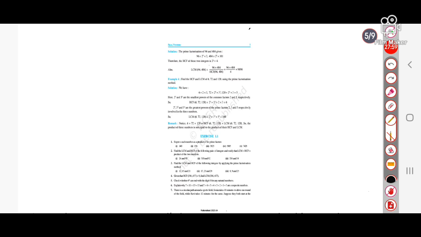So we have to check again. 6 power n. n can hold any value like 1, 2, 3, and so on.